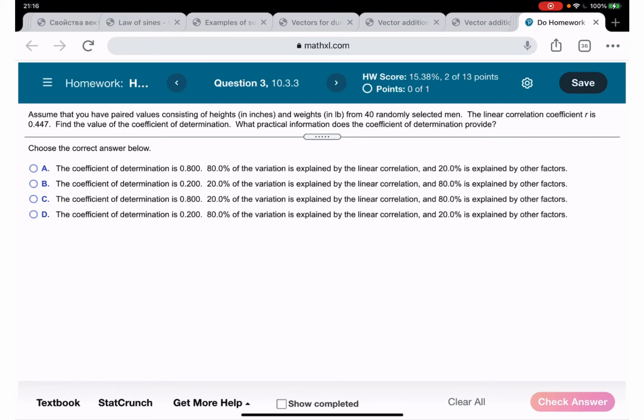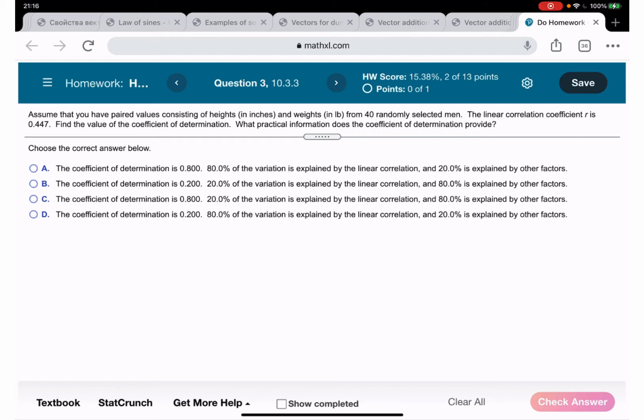Find the value of the coefficient of determination. To find it, we take R and square it. R squared is your coefficient of determination.